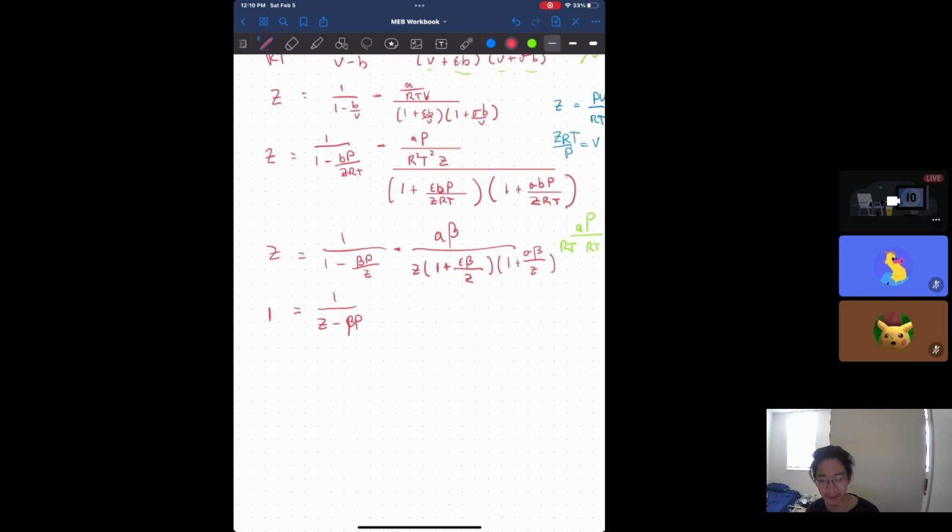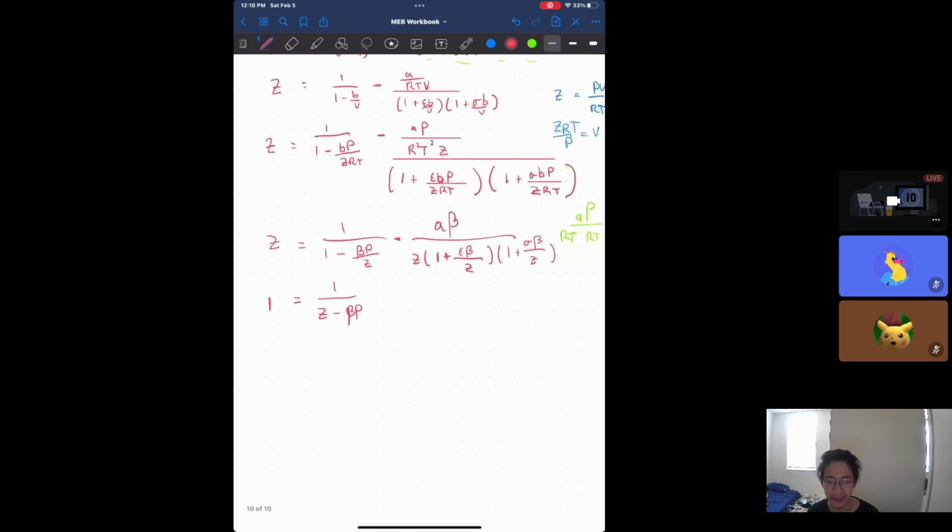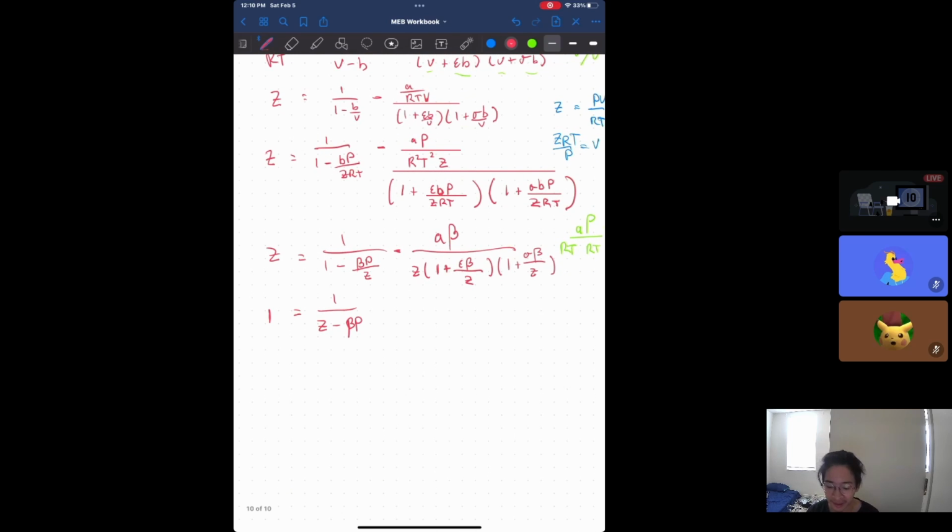Oh, beta p. It's important to differentiate between beta and b here, since we have both terms in this derivation. We cannot say that these are synonymous. Anyway, moving forward, a times beta over, let's skip ahead and skip some steps.